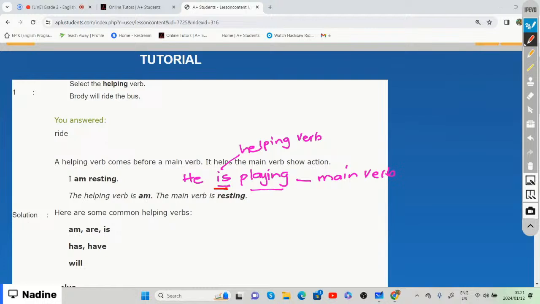So is refers to one person doing the action, whether we say he is or she is. But if we're referring to more than one person doing an action, then we use the word are. For example, they are dancing.